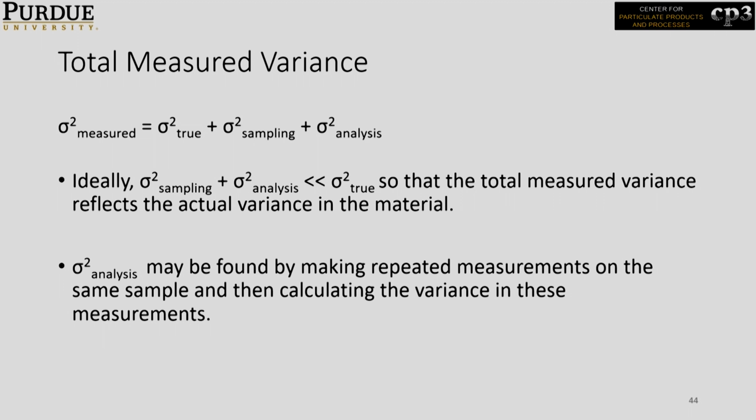But again, you can use those variance equations to calculate the total variance or measured variance from all these variance values. I'm not going into that. You can also use simple variance equations to calculate the ideal minimum variance that you want to have when you are subsampling from the bulk powders.